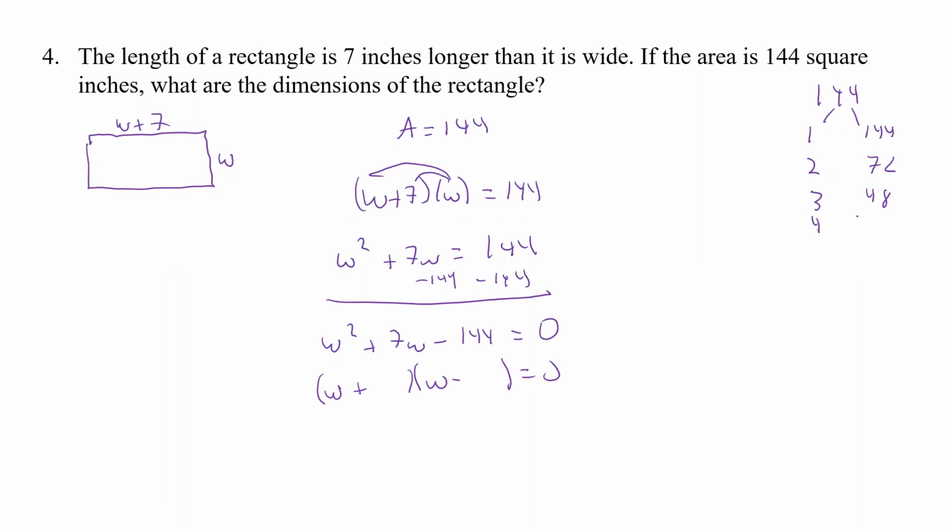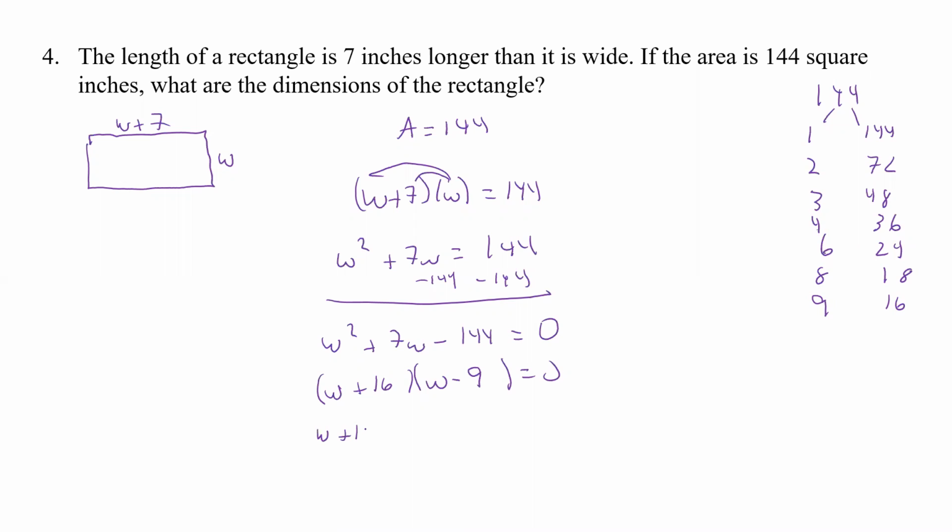How about 4 and 36? 5 doesn't work. 6 goes in there, 24. 7 doesn't work. 8 will go in there, 18. And that's still 10, so we're still not close enough. What about 9 and 16? So 16 minus 9. Okay, so that will work. 14, 15, 16. So we want 16 to be the larger, and we want 9 to be the smaller.